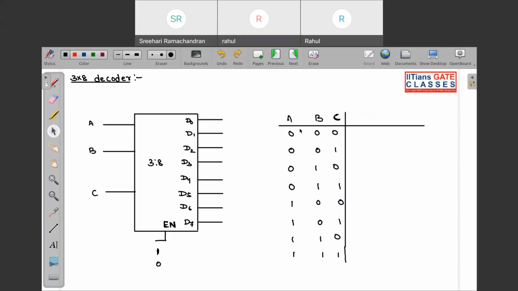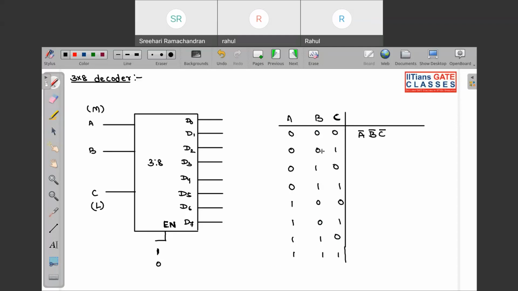So whenever A, B, C is equal to 0, D0 will be activated, and the corresponding minterm will be A complement, B complement, C complement. Here A is MSB, C is LSB. I have assumed it this way.